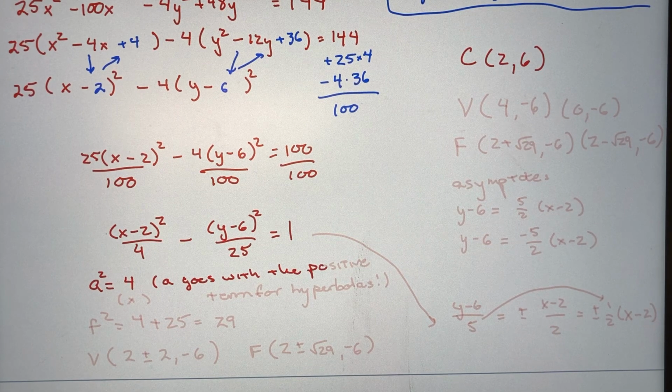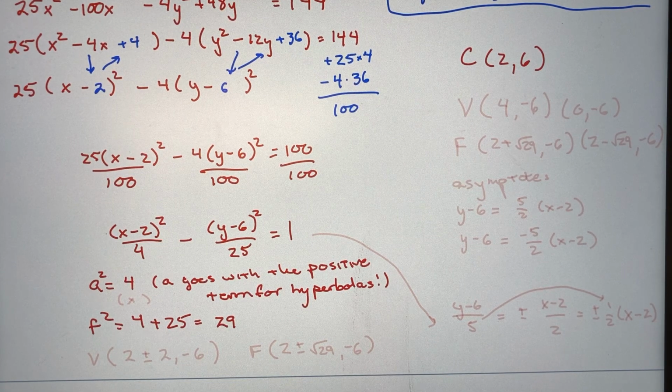Doesn't go with the biggest term for hyperbolas. Goes for the positive one, the one before the subtraction sign. Be careful with that. So remember, A goes with the positive term even when it's smaller. F squared is 4 plus 25. So F is square root of 29, whatever. It's hard to make everything come out nice.